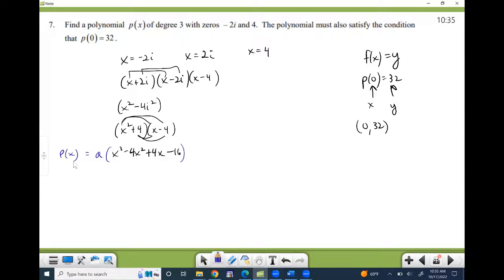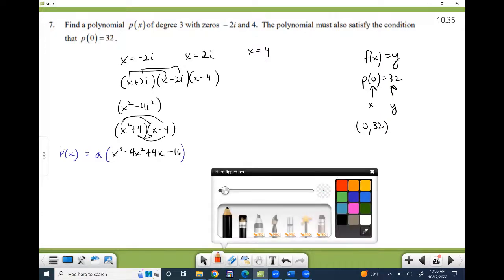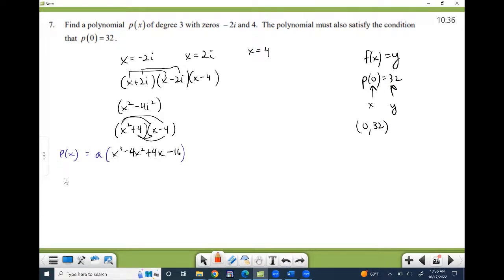So what you're going to do is substitute 0 in for the x and 32 for the y, right? So remember, p of x or f of x is y. So we're going to put the 32 here. And then we're going to plug 0 in for every single x. Which is nice, right?